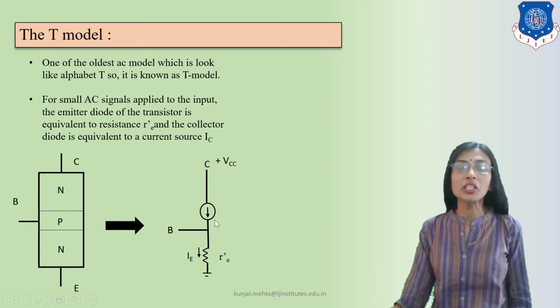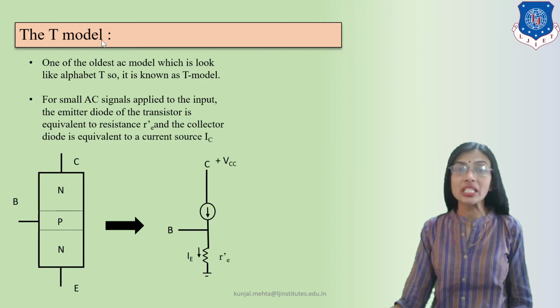So the combination of diode and current source can be shown in the AC model. From the DC circuit, if there is a diode in the input port, it means the BJT behaves as a diode in the input circuit. So there is an internal resistance of the diode, which is denoted by re dash. And in the output port, the BJT behaves like a current source.